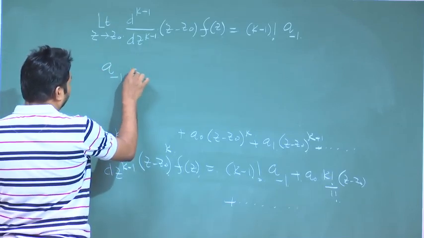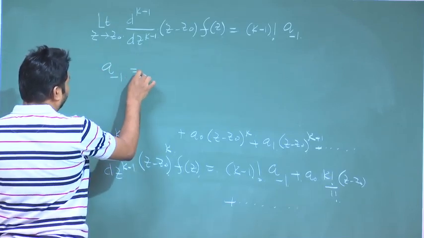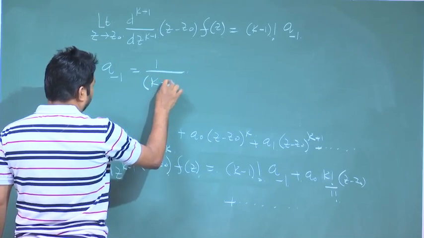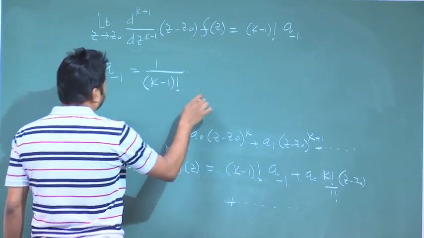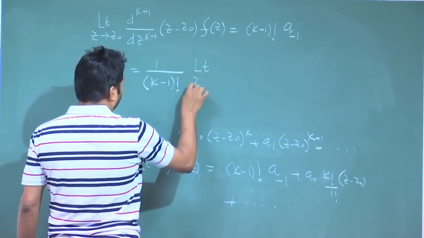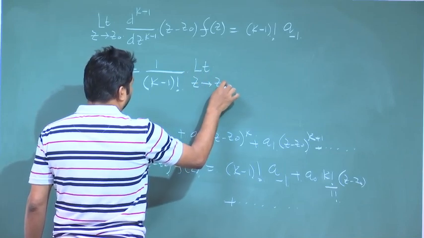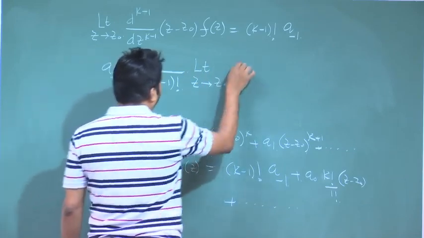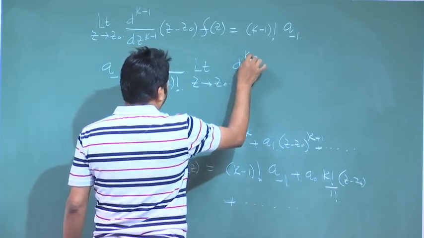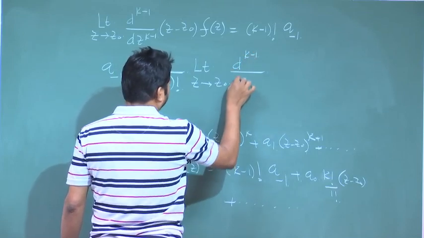So a minus 1, which is my residue, will be 1 divided by (k minus 1) factorial, times the limit as z tends to z0 of d to the k minus 1 over dz to the k minus 1 of (z minus z0) to the power k f(z).